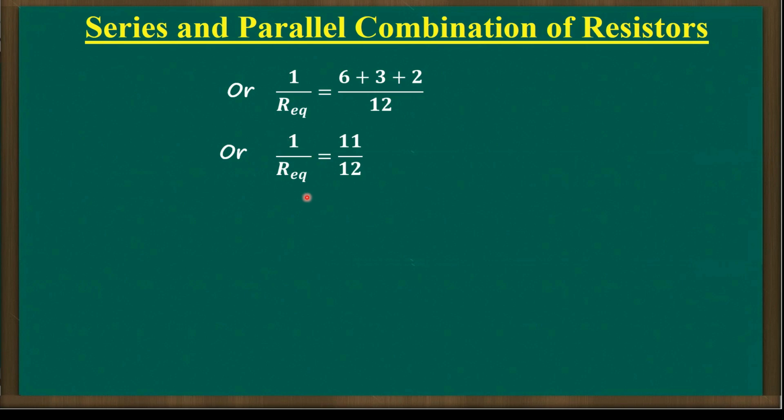On the other hand, this 12 should be moved upward and 11 should be moved downward. That is, equivalent resistance is equal to 12 upon 11. Now if we divide 12 by 11, we get 1.09 ohm.